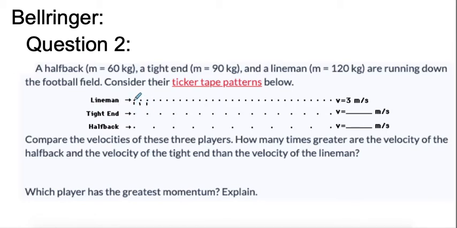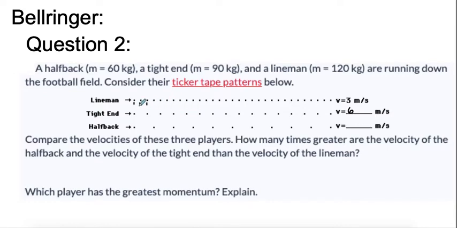So then this is 3, 6. We're covering 6 meters here in 1 second, because remember, we can consider each one of these 3 meters per second. We're traveling 3 meters each second. So this tight end is traveling 6 meters in each second.